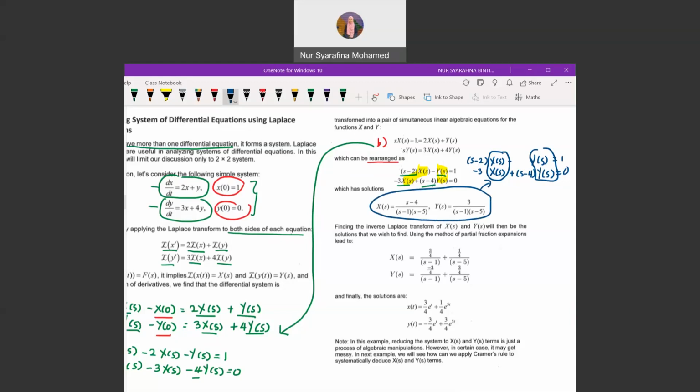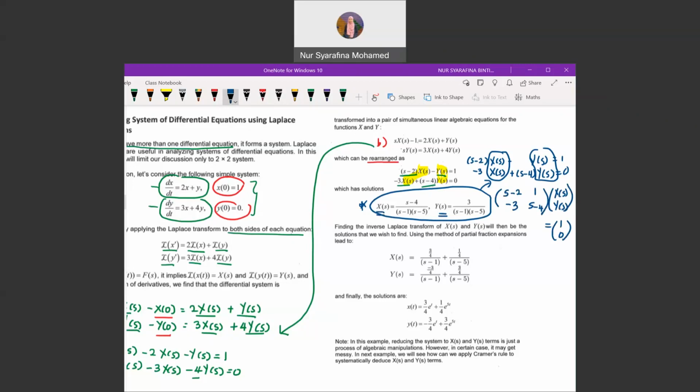How can we find the solution of this? If we convert this to a matrix system, we can have s minus 2, this one is minus 1, this one is minus 3, this one is s minus 4, times X(s), Y(s), equals 1, 0. So we are going to solve this system to find the values of X(s) and Y(s).